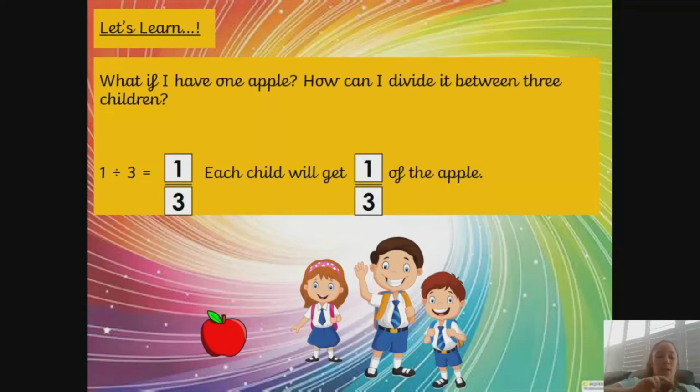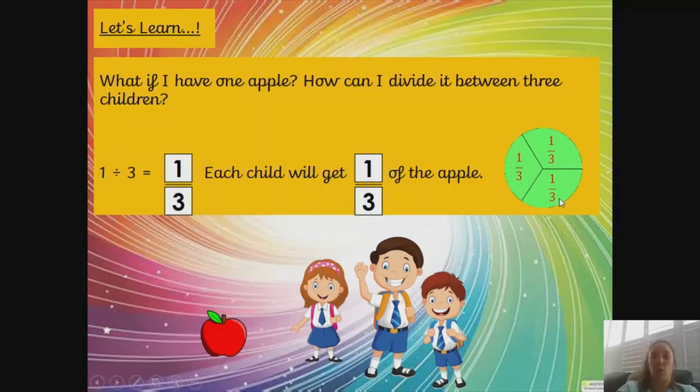So I have cut my apple into 3 equal pieces. Each child will get 1/3 of an apple. Did that look like magic? Did it look like it just all fell apart into thirds? Because I held it like this. So this is an apple, and we have cut it into 3 equal parts.